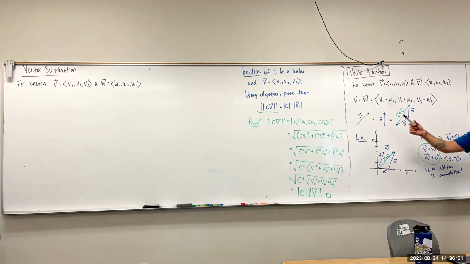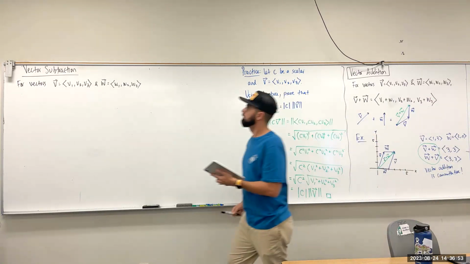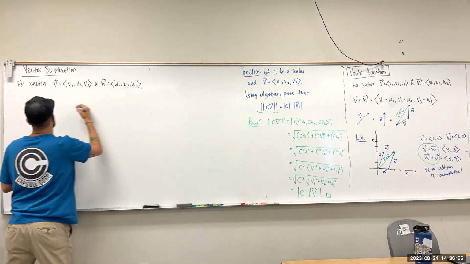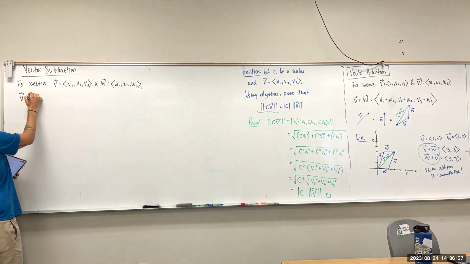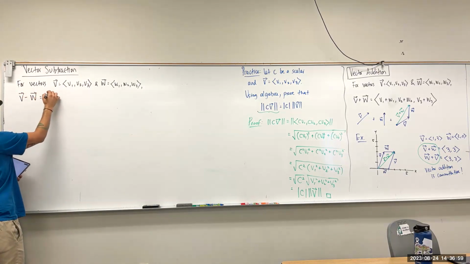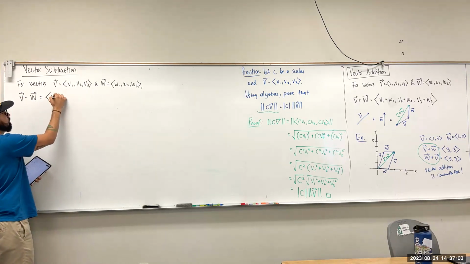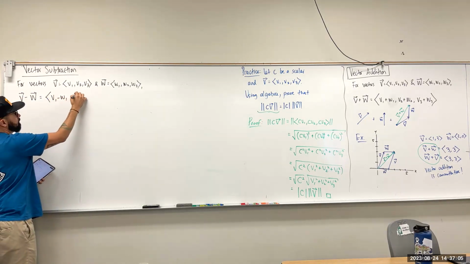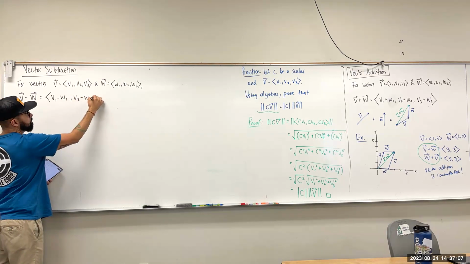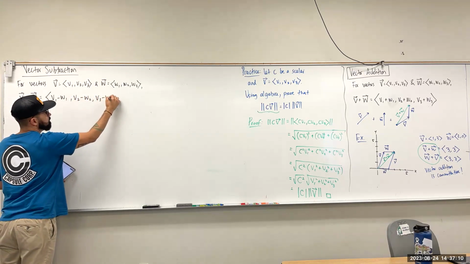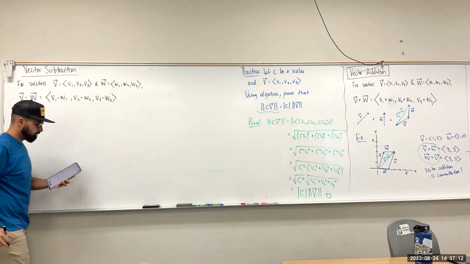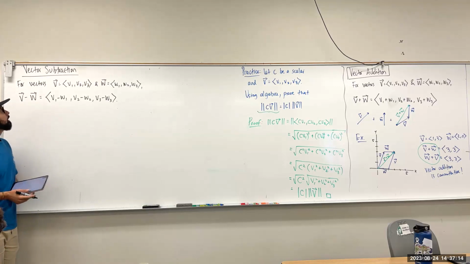This time we're going to do minus. We have them, we're going to subtract them. It's pretty straightforward. We just subtract a component. Nothing too crazy. We're going to see some crazy stuff next week. This one's pretty chill.